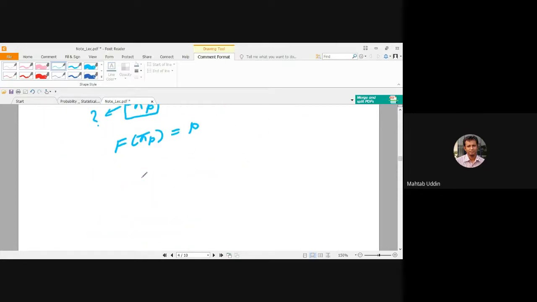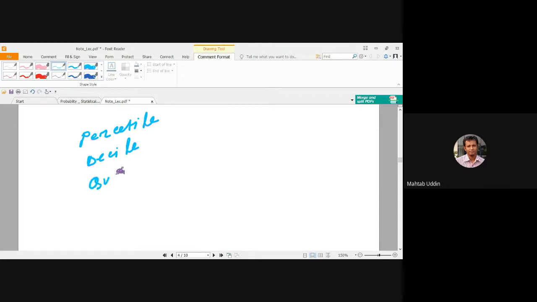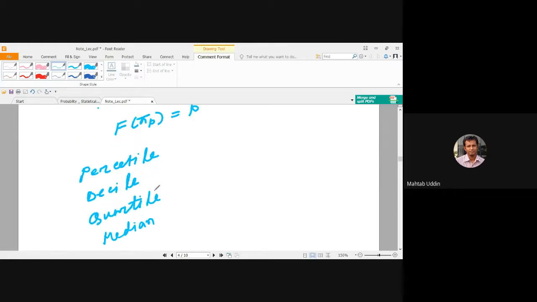But before that, I want to say some things: percentile, decile, quartile, and median. These are some positions of probabilities. Percentile means every hundredth.